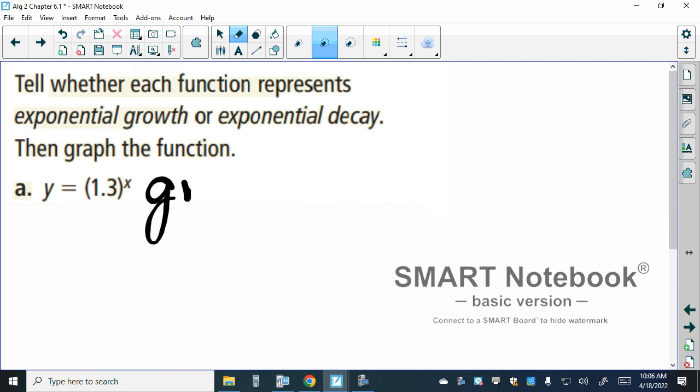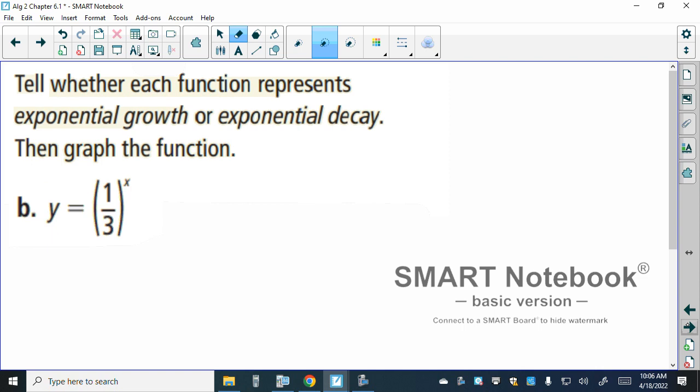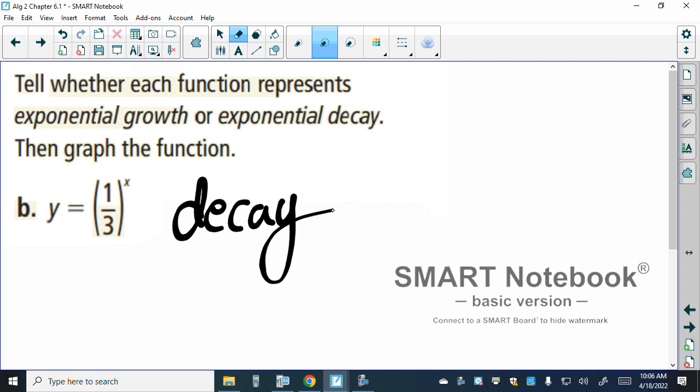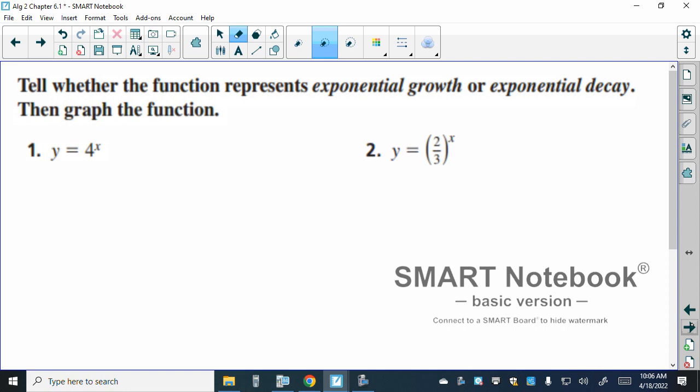Growth, because it's greater than 1. Even though it has a decimal, it's still greater than 1. 1/3. Because it is less than 1. (4 to the x).